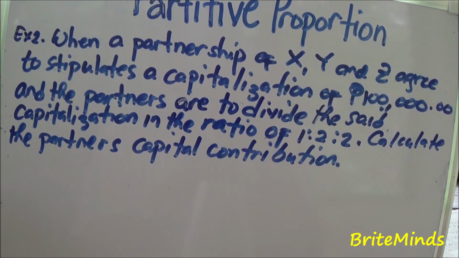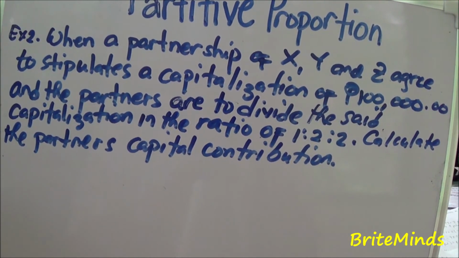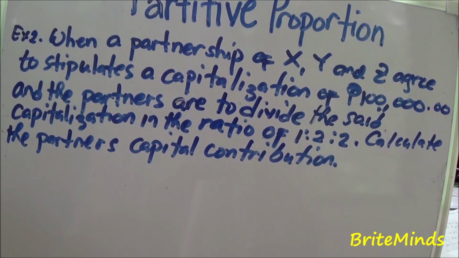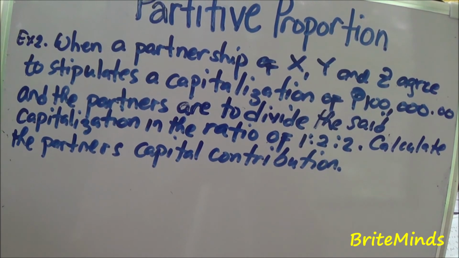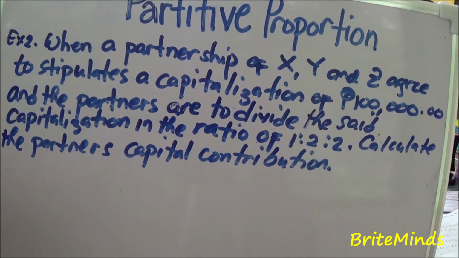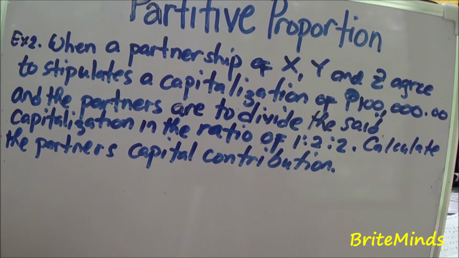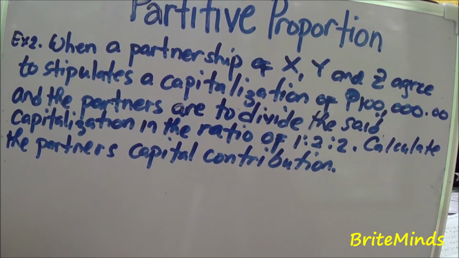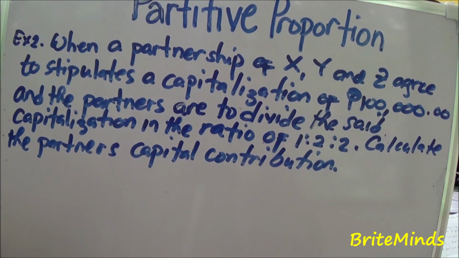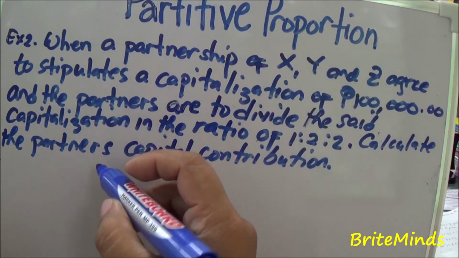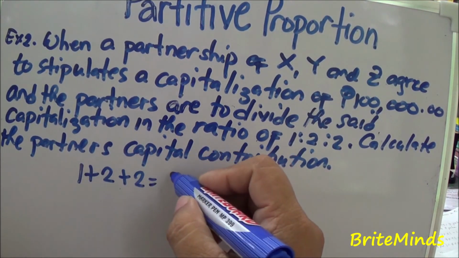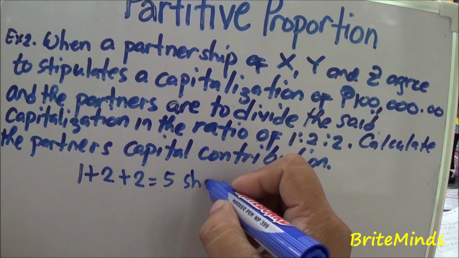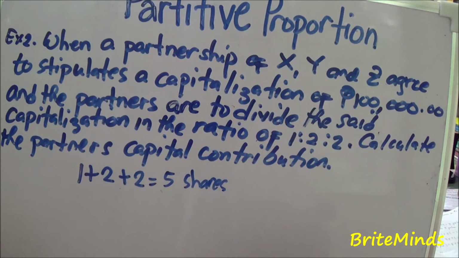The problem is asking for the capital contribution of each of the 3 partners. The ratio is 1:2:2, so 1 plus 2 plus 2 gives a total of 5 shares.